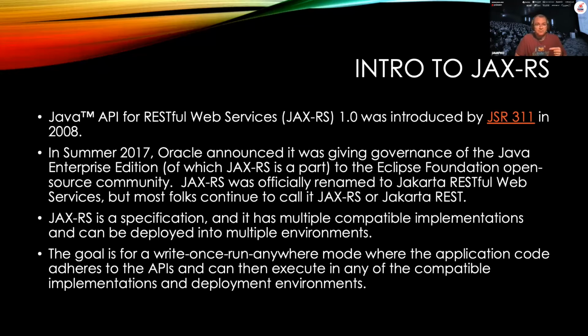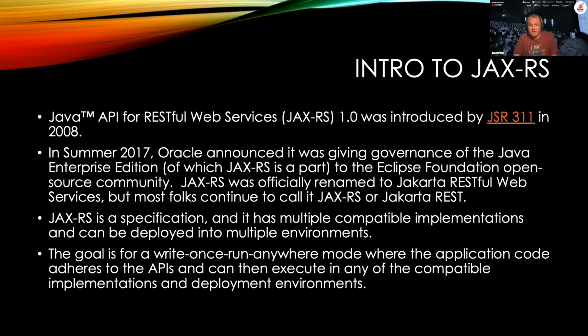It was introduced in 2008, and then in 2017, Oracle, who had owned JAX-RS as part of the whole Java EE sector, basically open sourced it all and gave it to the Eclipse Foundation to steward. And so JAX-RS was officially renamed to Jakarta RESTful Web Services, but that's kind of a mouthful. So most people are just going to call it Jakarta REST or JAX-RS. And that's what I'll be calling it in this presentation.